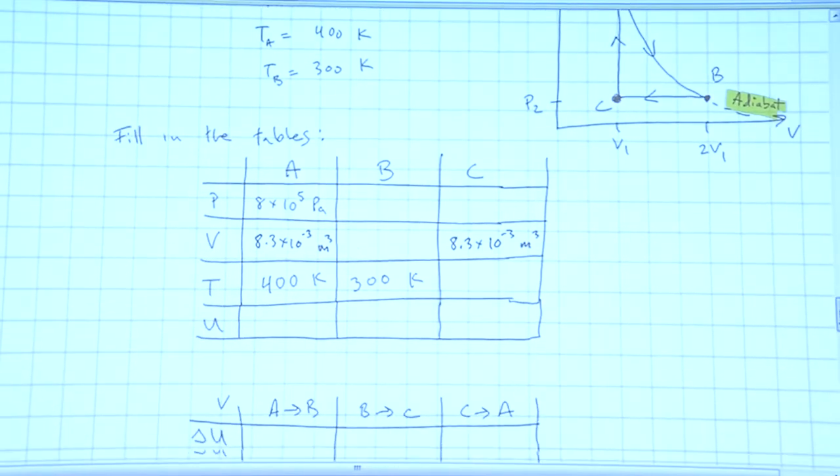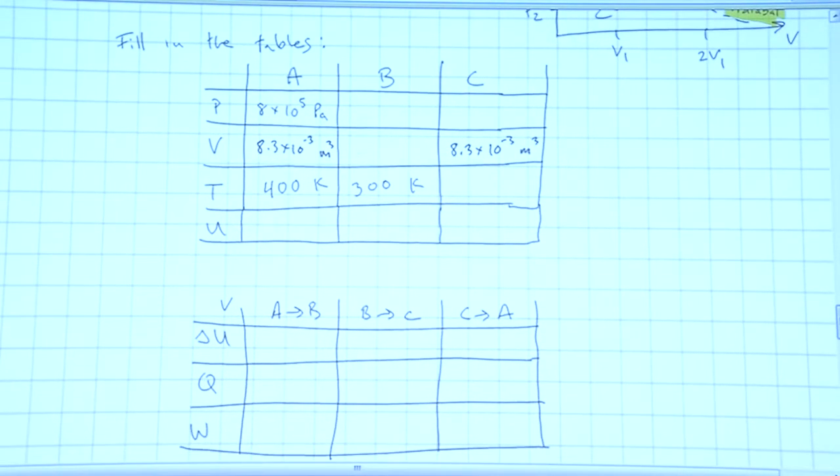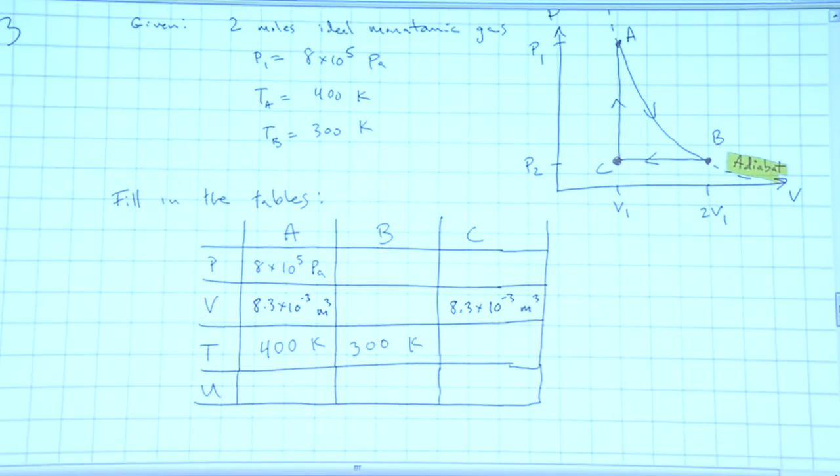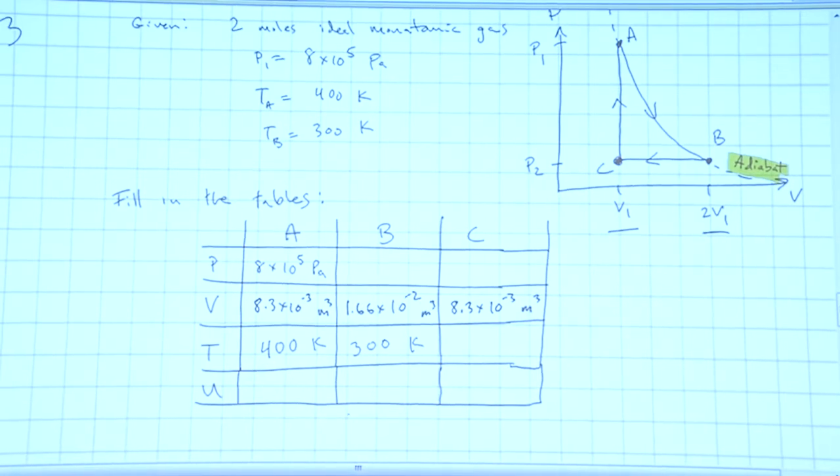Okay, and I know the volume at B is twice the volume at A or C, so I can fill that in, right? There's a relationship here between the volumes, and this is going to be 1.66 times 10 to the minus 2 cubic meters.